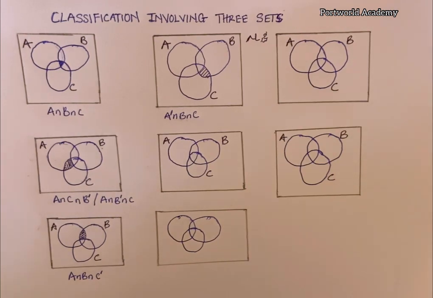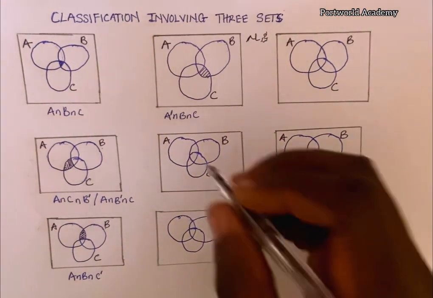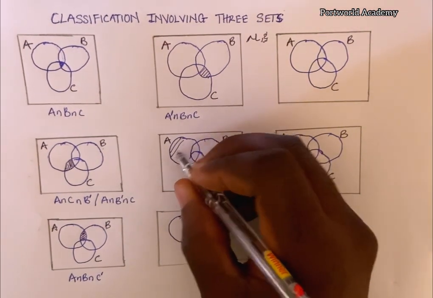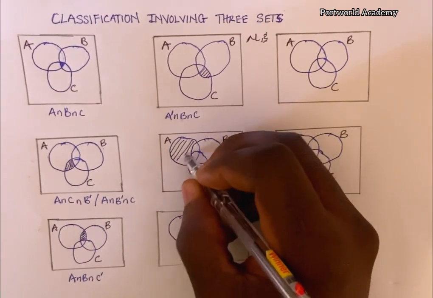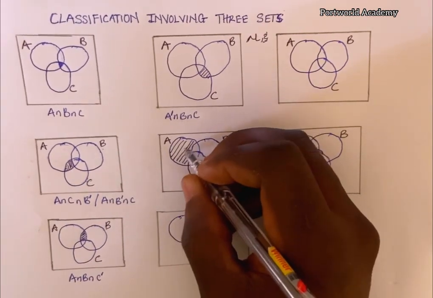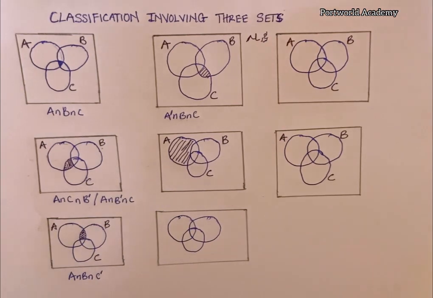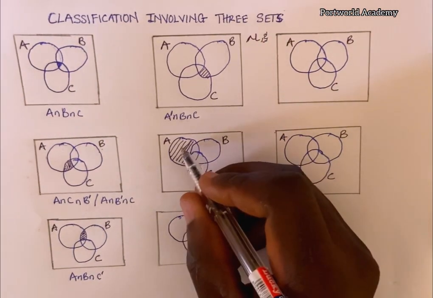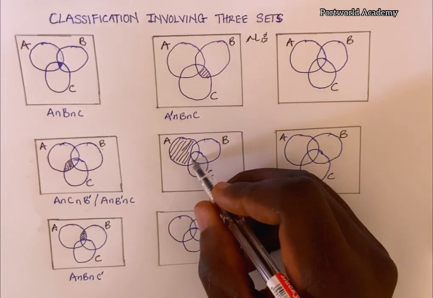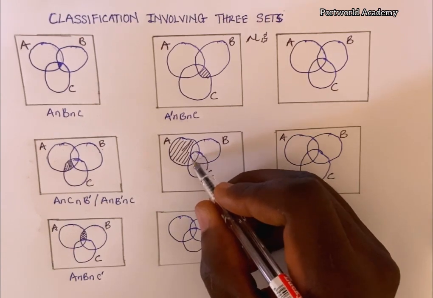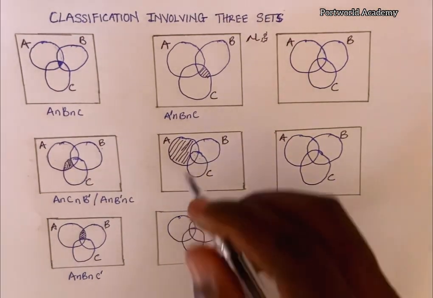So let's move to the fifth box rather. Let's say I'm having only this part. If you look at this very well, shading all this part shows that all these four intersections are not involved in the part shaded.